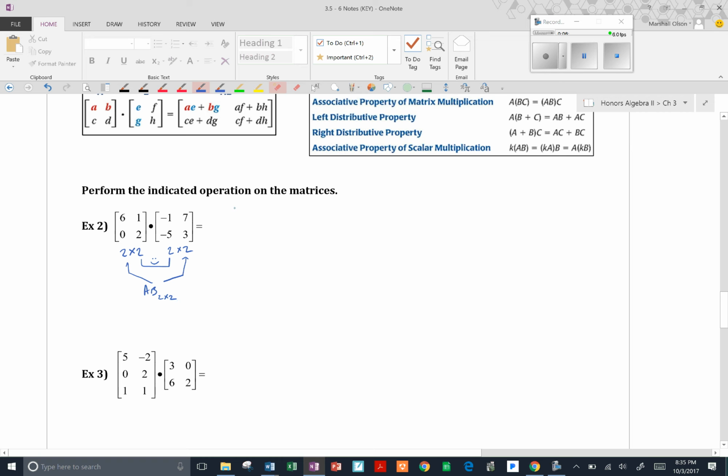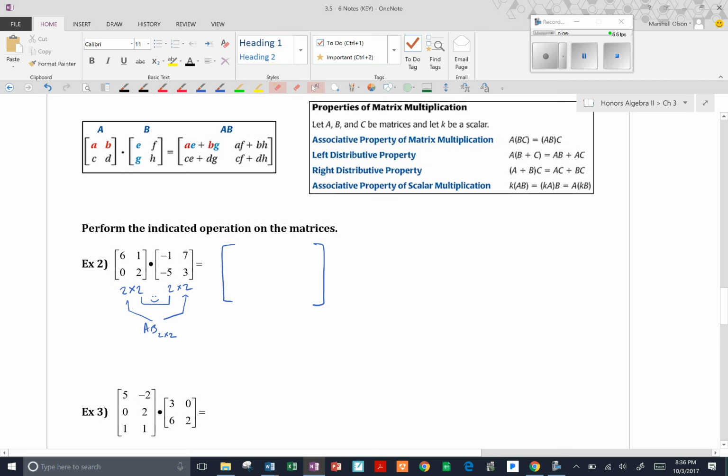All right, so even though I know it's going to be 2x2, I'm going to make it a little bit bigger because we have a little bit of work to show here. So for these early examples, I do something like this. I put these big placeholders in my product matrix. Okay, I know I'm going to be taking the first row times the first column to get this first row, first column spot there.